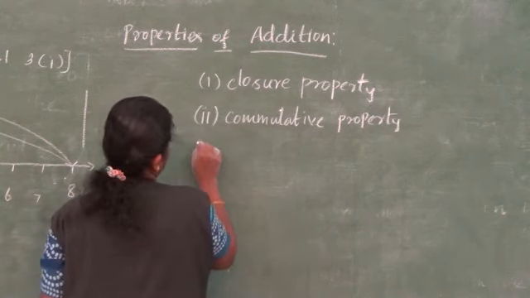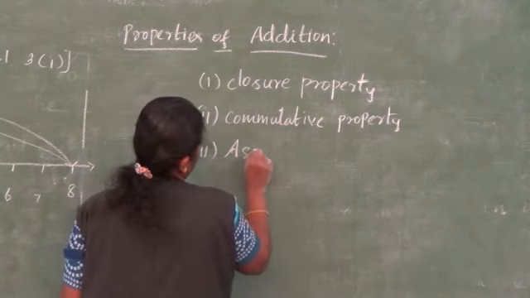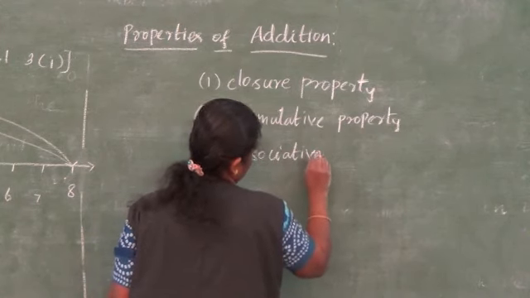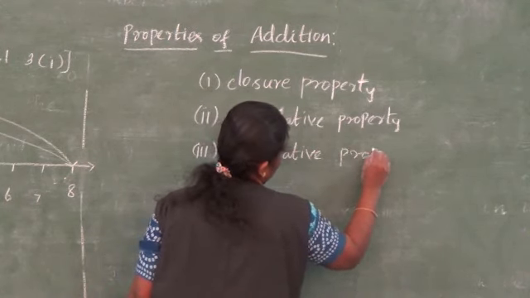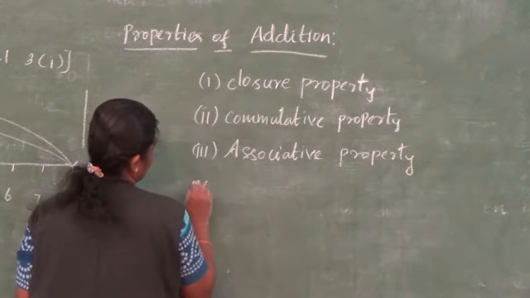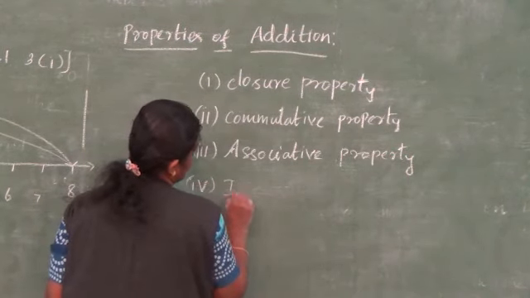The third one is associative property. The fourth one is identity property.